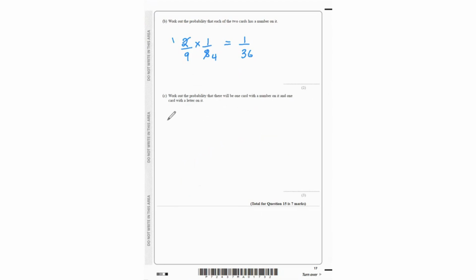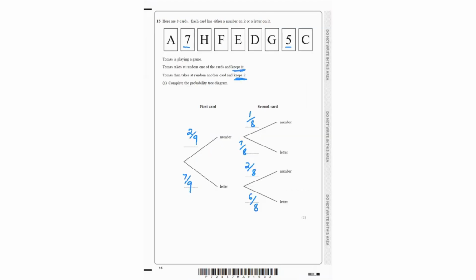Then work out the probability that there will be 1 card with a number on it and 1 card with a letter on it. So number first, then letter, or letter first, then number. So that's 2 over 9 times 7 over 8, plus 7 over 9 times 2 over 8.